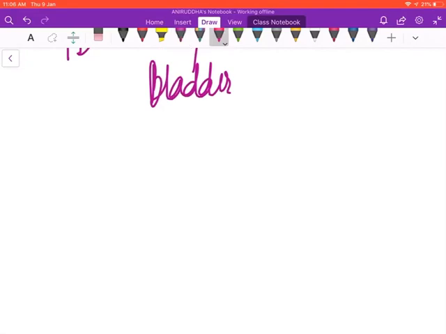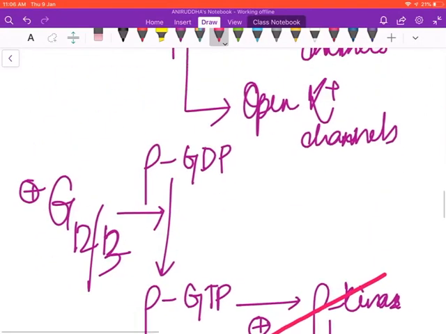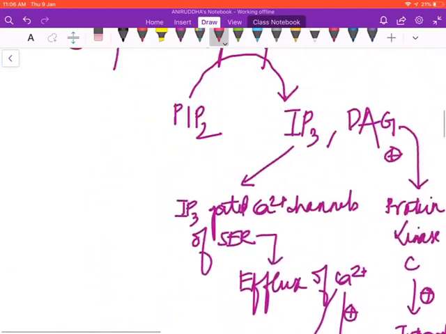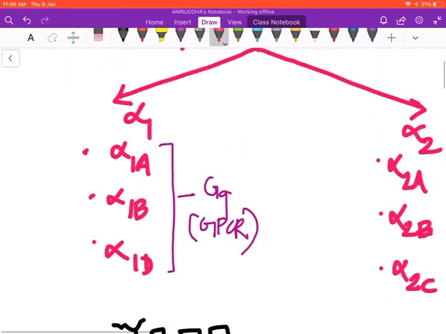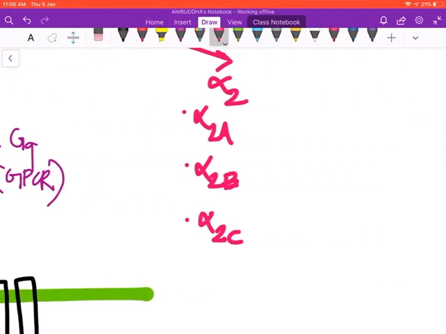Now let's move to the alpha 2A. Here I didn't mention whether these are Gi type or Gs type or Gq type. The reason for that is most students, when asked what type of GPCR alpha 2 is, will answer it's a Gi type.